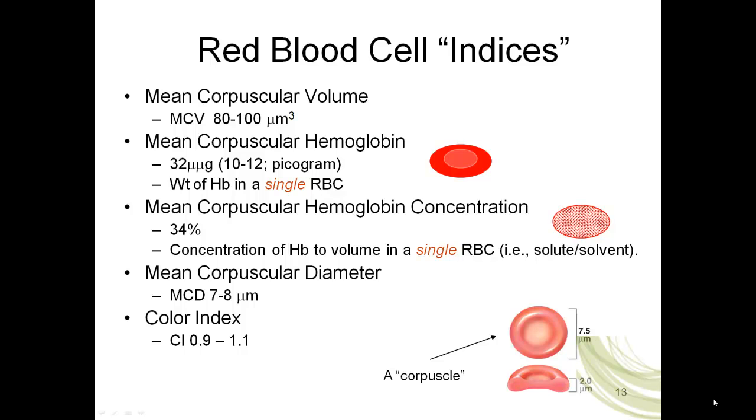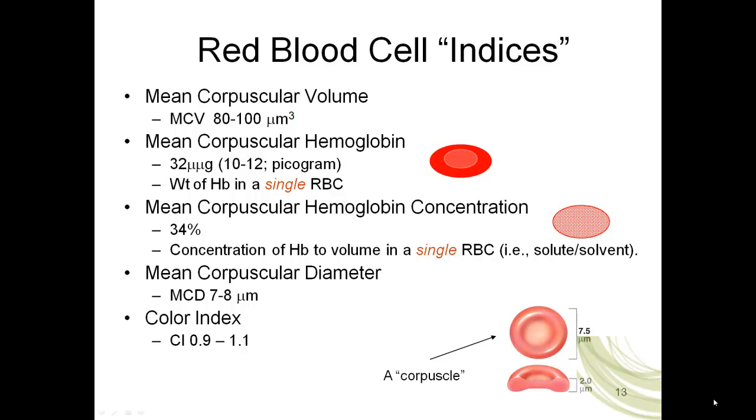Well, in my mean corpuscular volume, I gave you a range, 80 to 100. So if I divide the 32 picograms by a number a little less than 100, say, 90, then I would get a higher percentage. So mean corpuscular hemoglobin concentration is 34%.